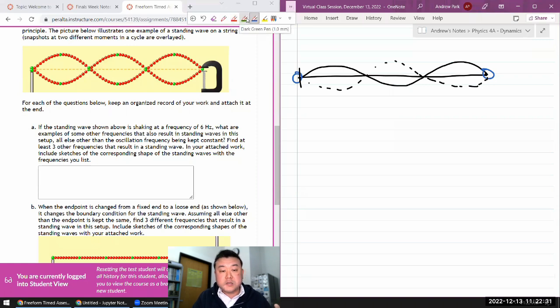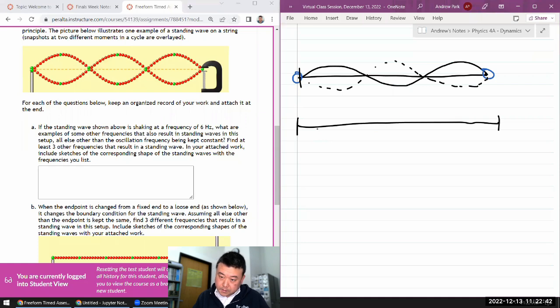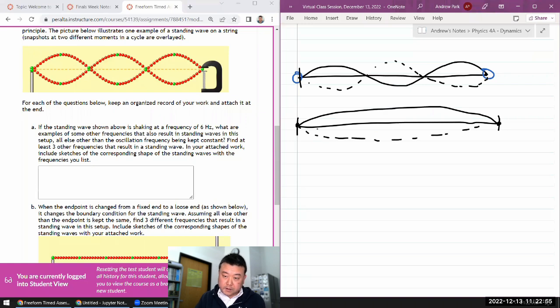So let me start out with the longest wavelength standing wave. It will look like something that fits half a wavelength within this distance, because that's the longest wavelength you can have and still have nodes at the ends.